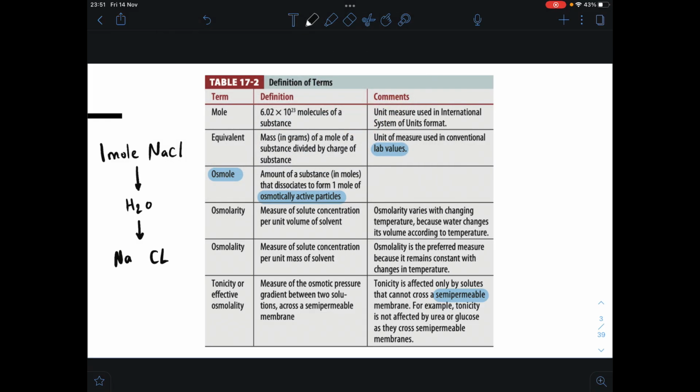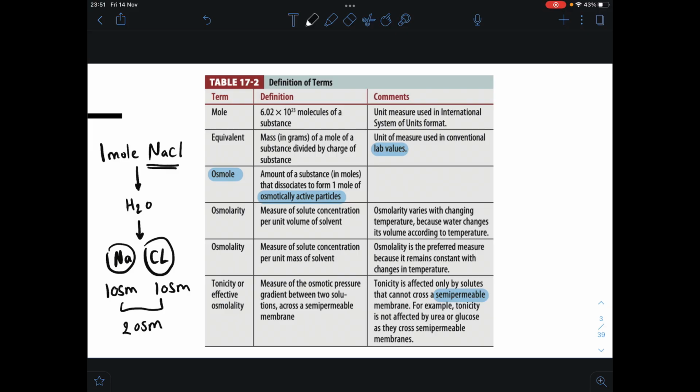So it dissociates. Once you had 1 mole of NaCl, now you have two separate osmoles. Basically, 1 mole of NaCl becomes 1 osmole of sodium and 1 osmole of chloride, and the total is 2 osmoles.